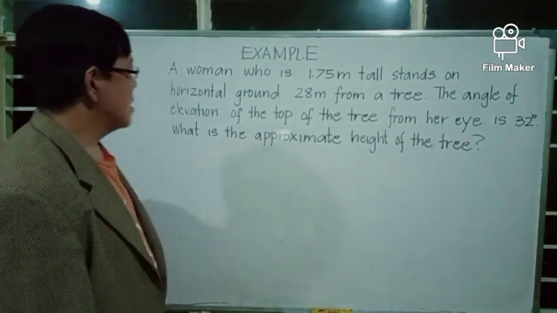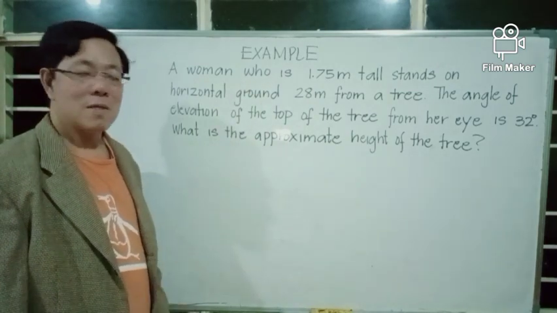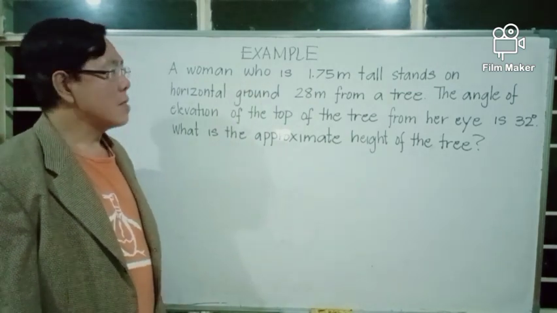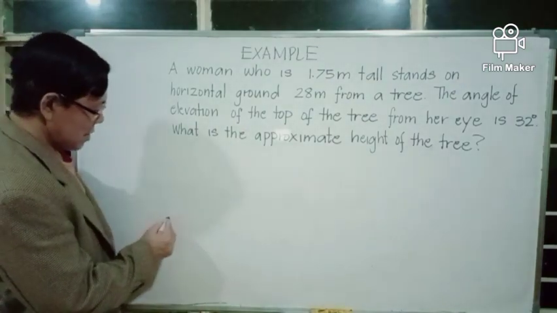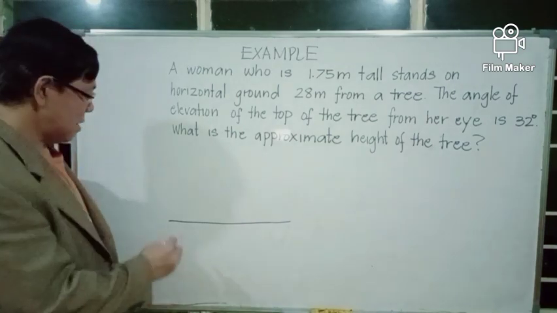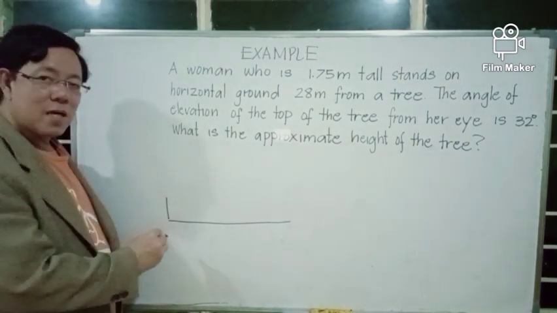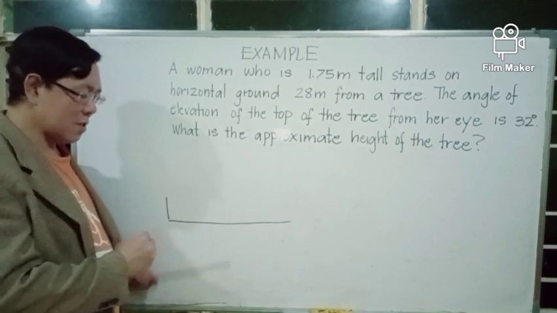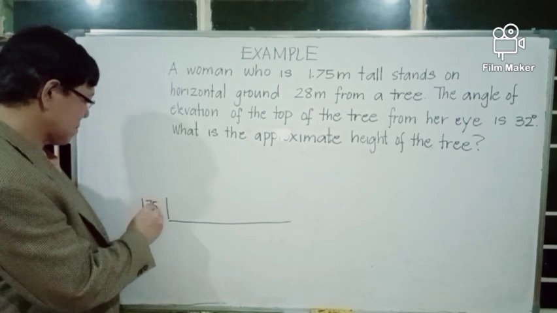And here there is a woman who is 1.75 meters tall, standing on horizontal ground. We take this as the horizontal ground, and the height of the woman standing on it is 1.75 meters.